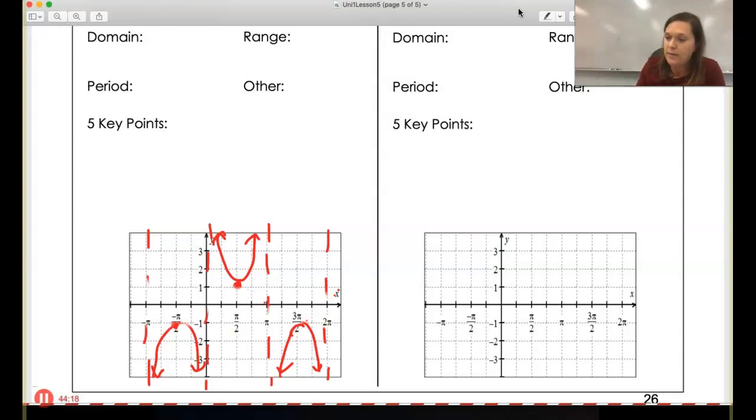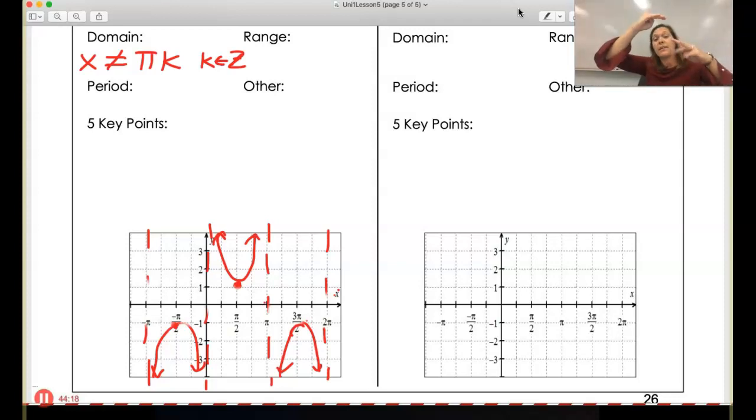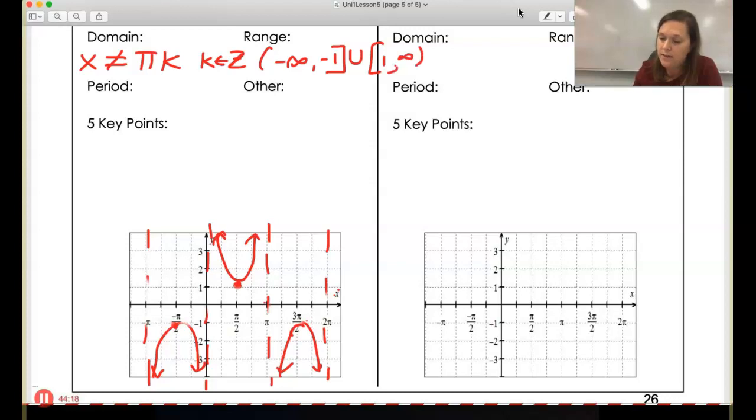So what's that domain? Well, it's x cannot equal every pi times k, where again k is in our integers. Our range is everything except everything between -1 and 1, right? So how do we write that out? My range is going from -infinity to -1, including it, union 1 to infinity. My period is 2 pi. Okay, key points, we still do the same thing, ignore all that stuff. We got our graph.